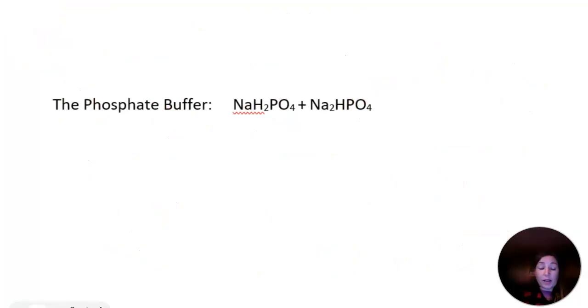The next one we're going to talk about is the phosphate buffer. And so this is NaH2PO4 plus Na2HPO4. Now, with these two, it's really important that we keep track of which chemical we're talking about, and always check labels carefully and check problems carefully for what we're talking about.